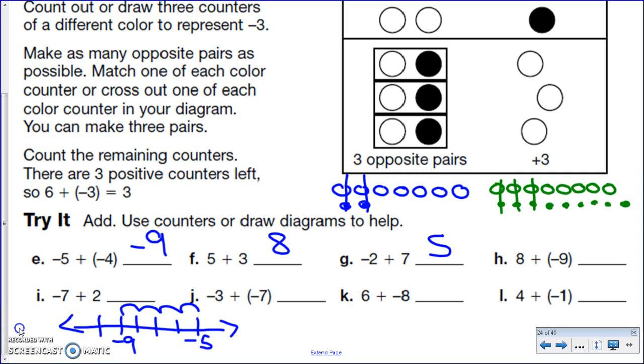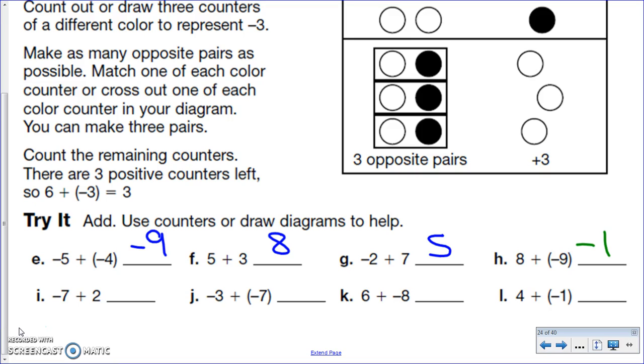So you can see we made as many pairs as we could, and we have one closed-in circle left, so our answer is -1. All right, make sure you have the work for the first 4 copied down because I'm going to erase it to give us space to do the next 4.